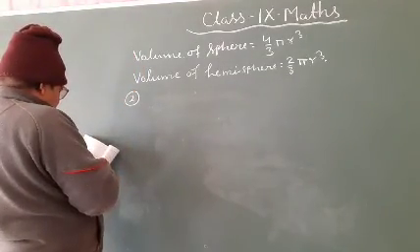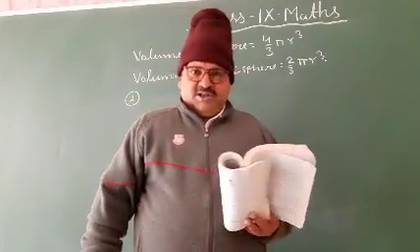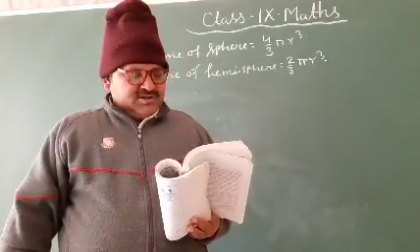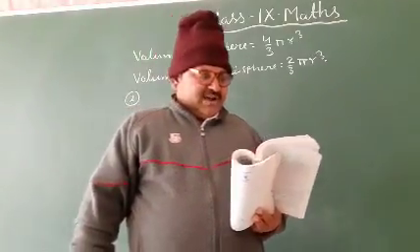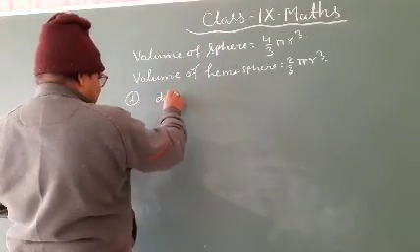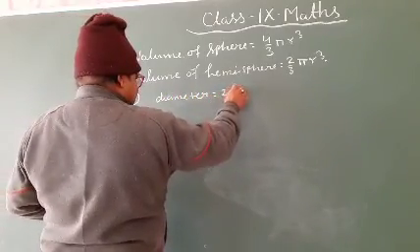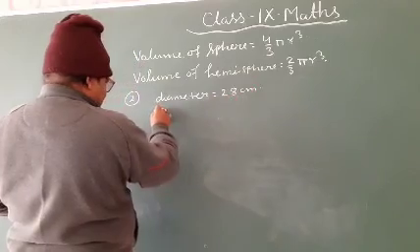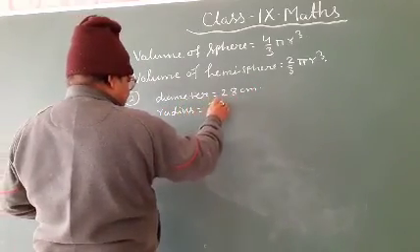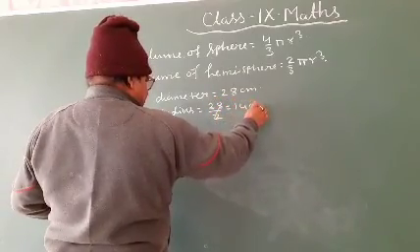Find the amount of water displaced by a solid spherical ball of diameter 28 centimeter. Diameter is given, and the radius is equal to 28 by 2, that is 14 centimeter.